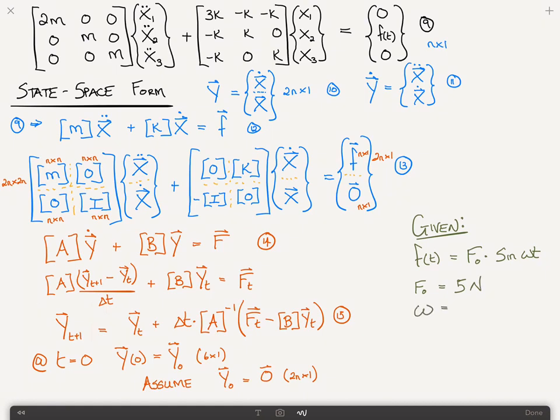Omega will be 10 radians per second. We'll assume that m is 1 kilogram, so the big mass would be 2m, 2 kilograms. And then k, which is constant for all 3 springs, would be 1,000 newtons per meter.